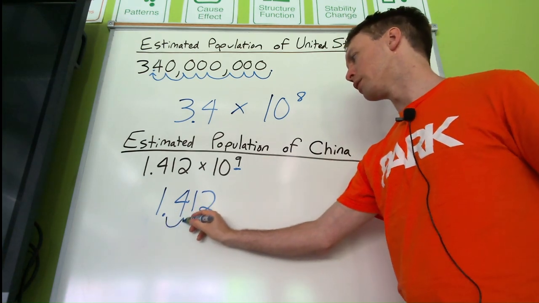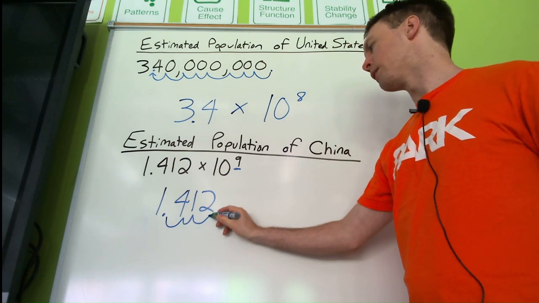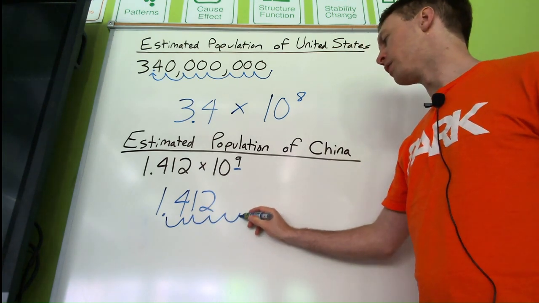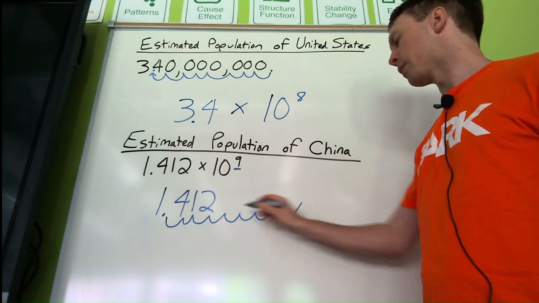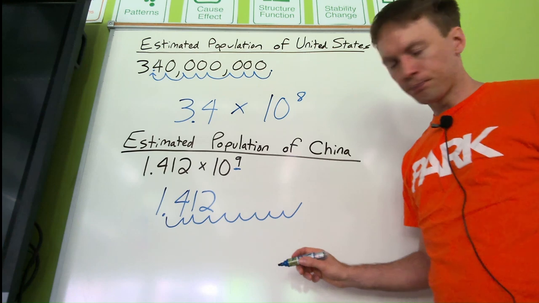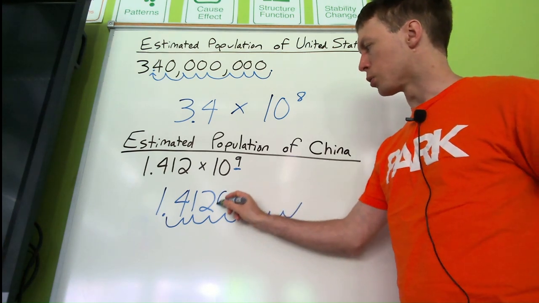So 4, 5, 6, 7, 8, 9. Okay, and for all these blank spots in here, I'm going to put zeros in there.